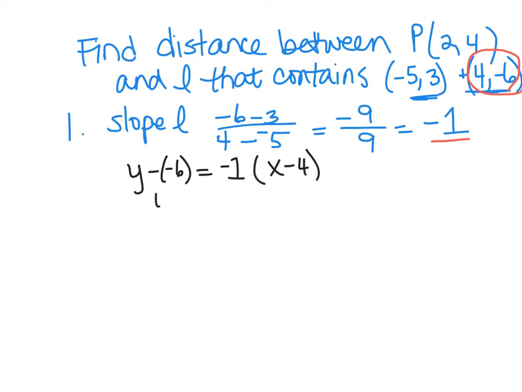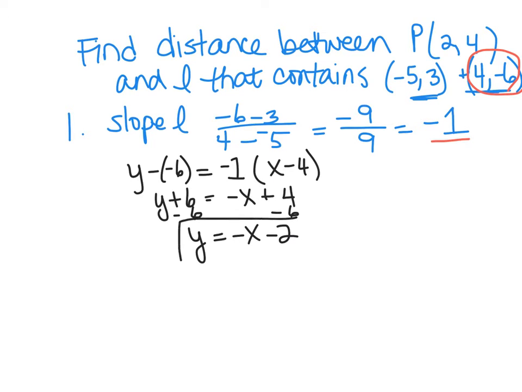All right, so this becomes y plus 6 equals negative x plus 4. And so I'm going to subtract 6 from both sides, and I have y equals negative x minus 2. So this is my equation for L.